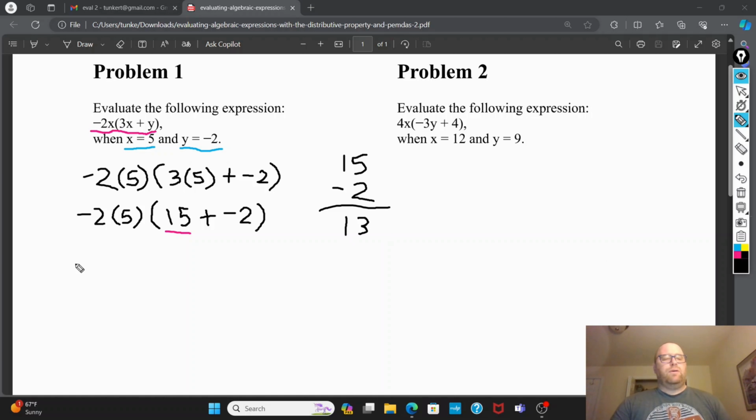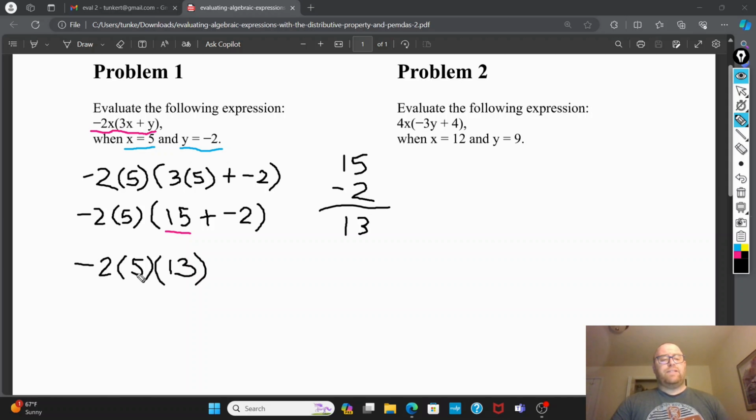Okay, so we've got negative 2 times 5 times 15 plus negative 2, which is, we've already established that's 13. We've got a multiplication here and then a multiplication here. We're going to do multiplication from left to right.